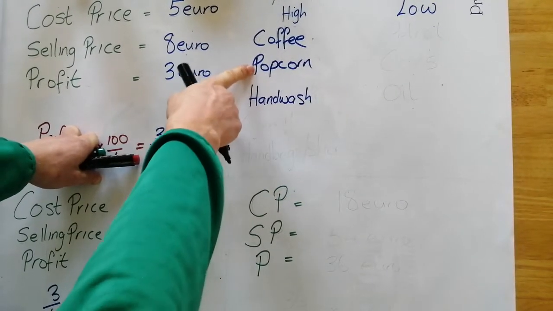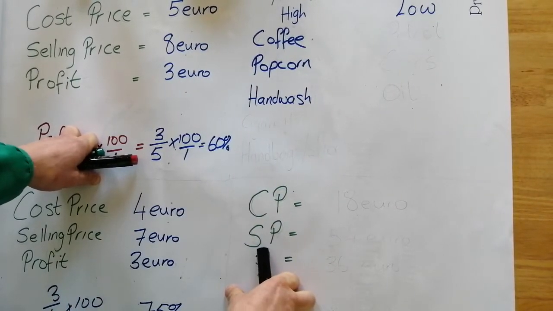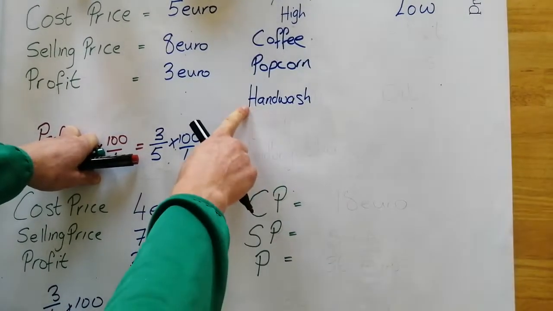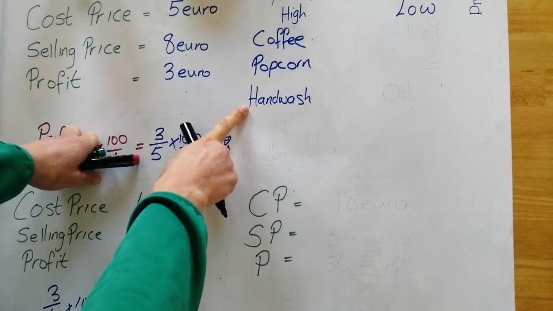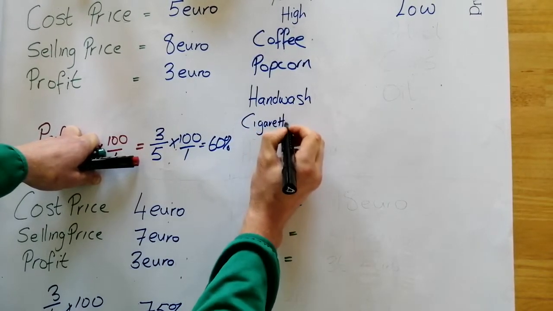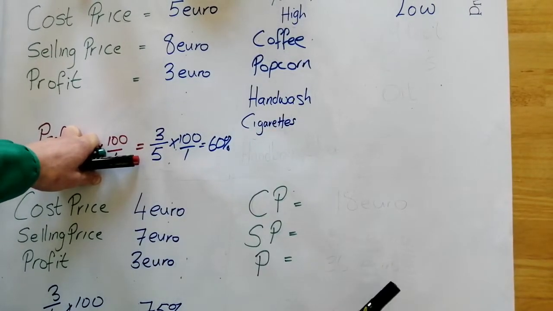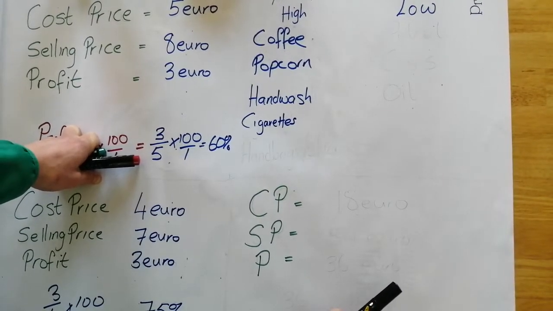Popcorn could cost you €5 in the cinema. It might cost 50 cents to make, so they're making almost 1,000% profit. Hand wash, with people putting up prices, they're making a huge increase in their profit. Also things like cigarettes probably cost less than €1 to make a packet, and they're being sold for almost €13. So a huge percentage profit there.